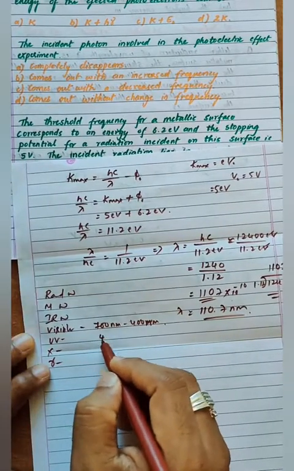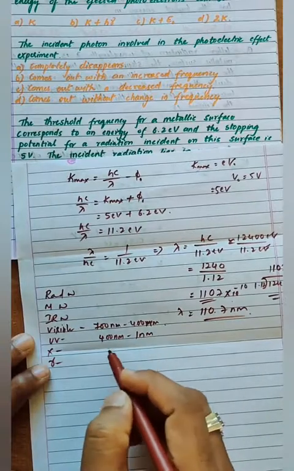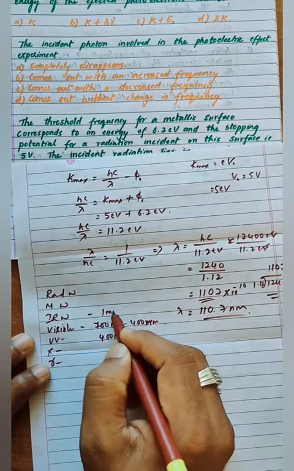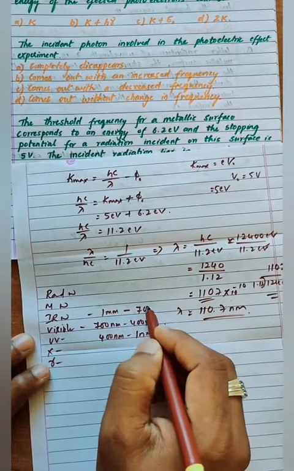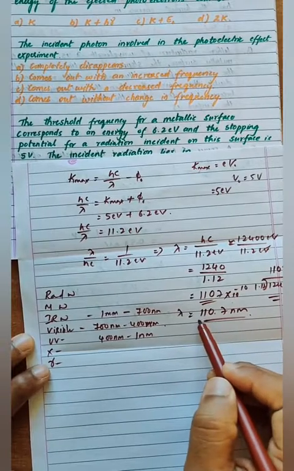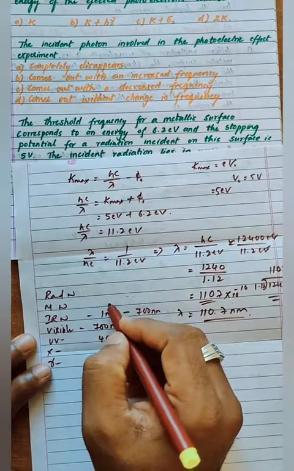For UV, it is 400 nanometer to 1 nanometer. Going the other way, it is around 1 millimeter to 700 nanometer. So you can write where each one lies.